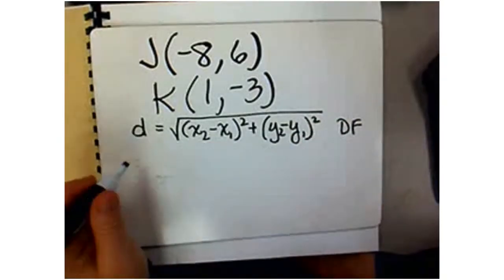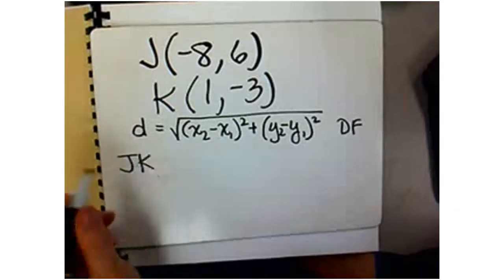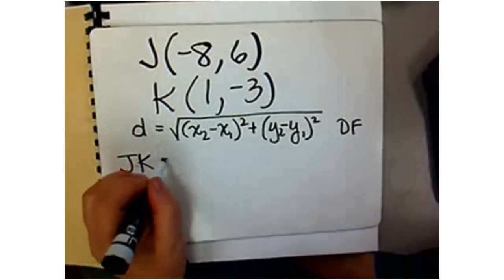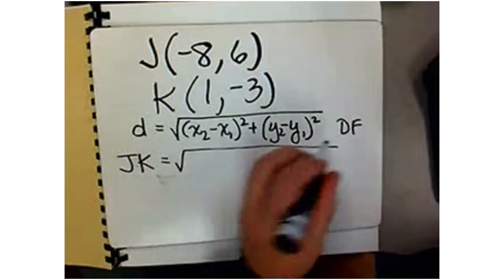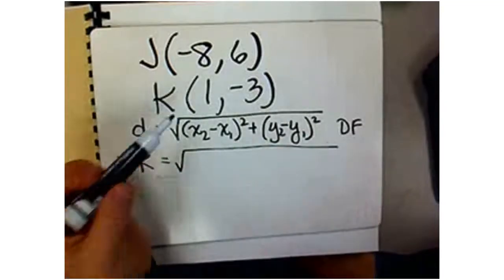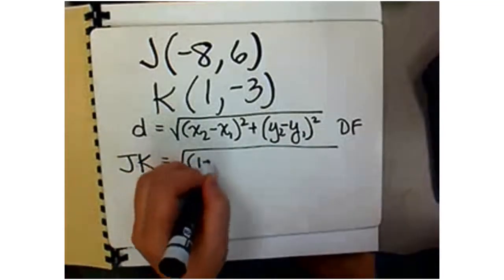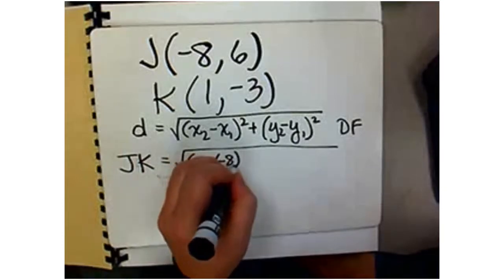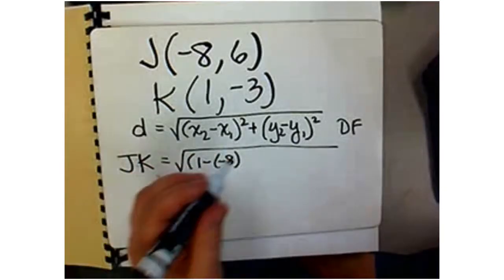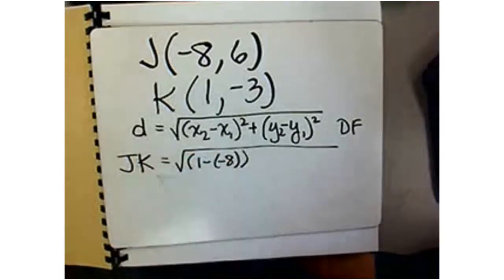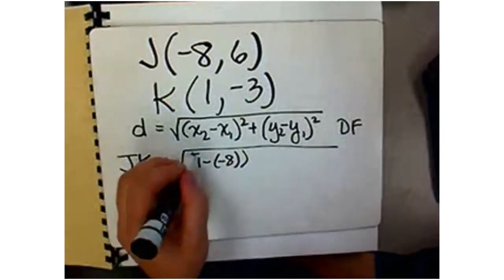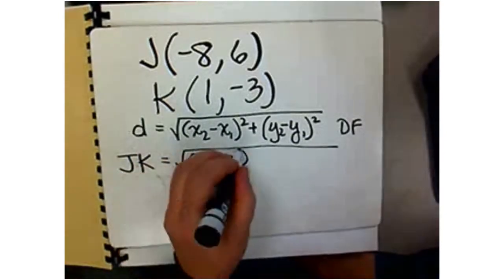So the D actually is JK because it's the distance from J to K, and that equals the square root of open paren 1 minus -8 close paren. Now this actually says in your book open bracket because it uses a paren around the -8.